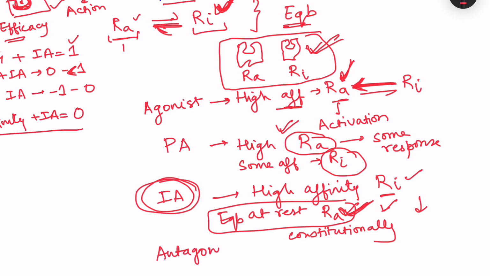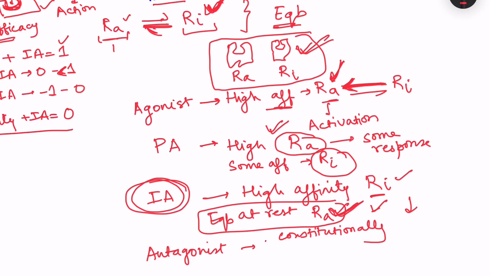Okay. Then finally we have the antagonist. An antagonist, what it does, it has an equal affinity for RA plus RI, equal affinity. So it binds to both and does not allow the agonist to bind to RA. So if agonist is present and it can't bind to RA, that means it will be the same, whatever we were talking about resting, the receptors will remain in the same state, that is in the RI state, and hardly there will be any activity, because this antagonist binds to both of them equally, doesn't allow agonist to bind.